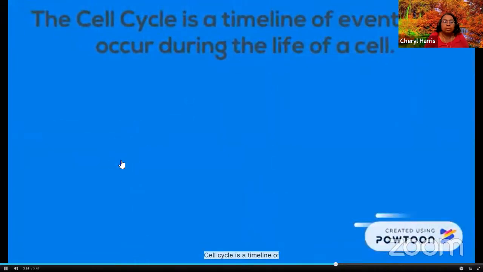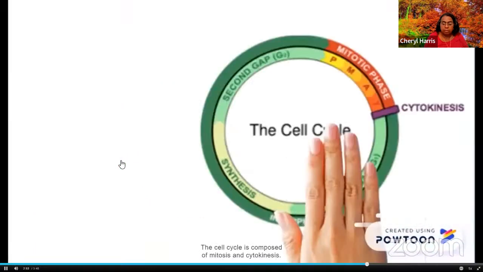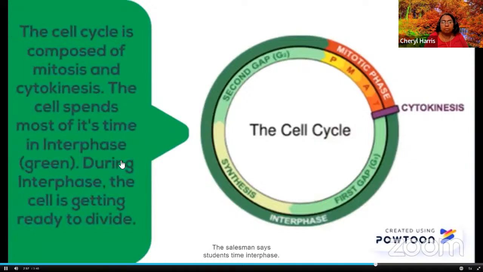The cell cycle is a timeline of events that occur during the life of a cell. The cell cycle is composed of mitosis and cytokinesis. The cell spends most of its time in interphase, which is the green area.